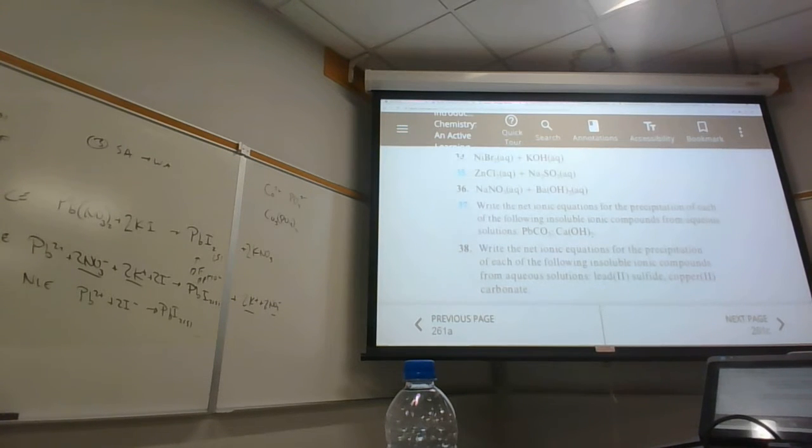So when I take sodium nitrate plus barium hydroxide, this is going to form sodium hydroxide, which is aqueous, and barium nitrate, which is aqueous. So both of those are aqueous. All sodium salts are aqueous and all nitrate salts are aqueous. And so for this double replacement we just write NR.